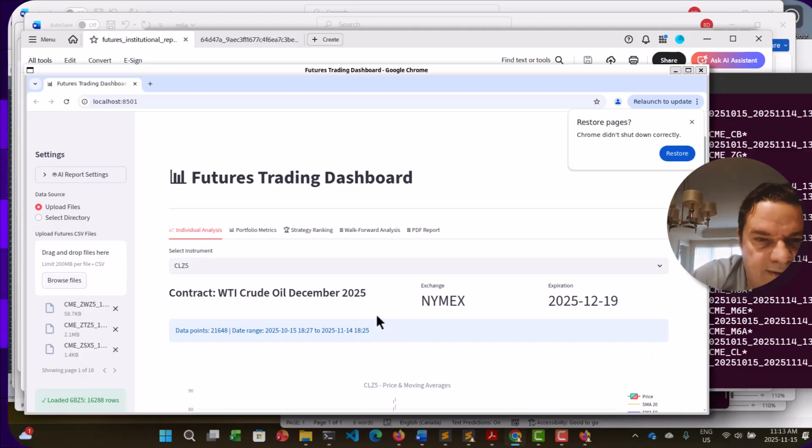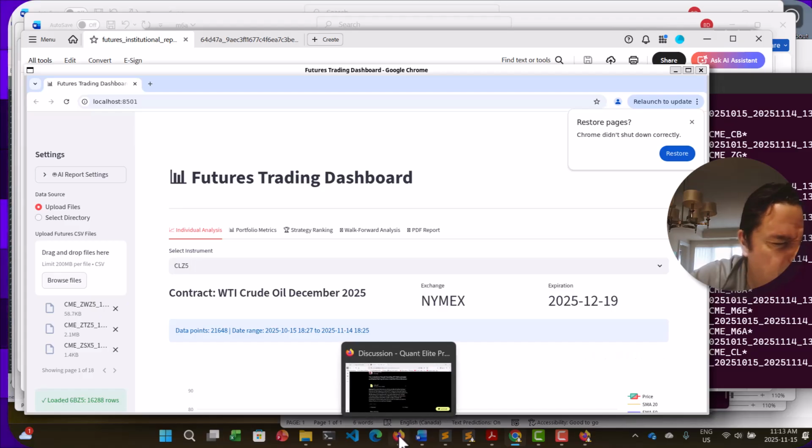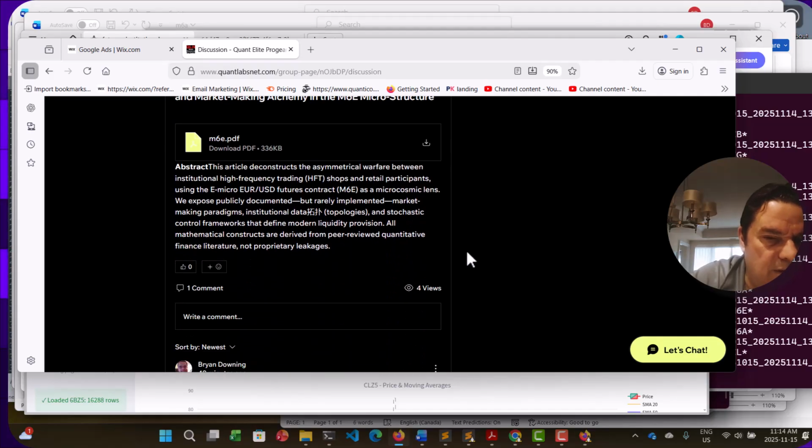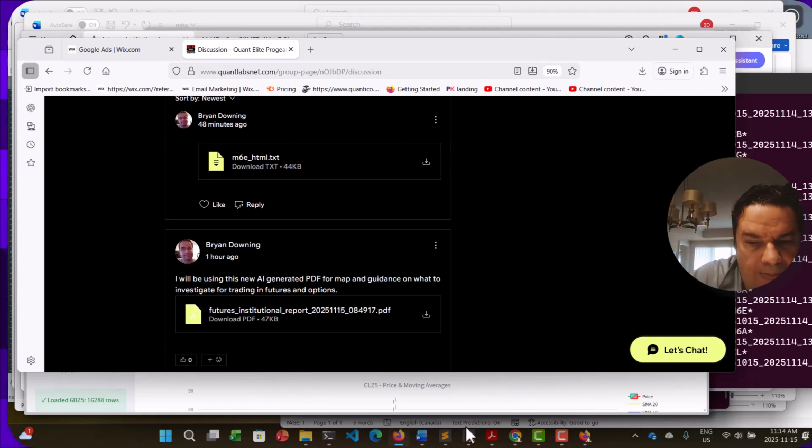So I don't know. It's one of those unpredictable ones, and all I can say is it's a good tool to play around with. Anyways, I just wanted to show you some of the new capabilities here, specifically generating these type of quantitative reports.